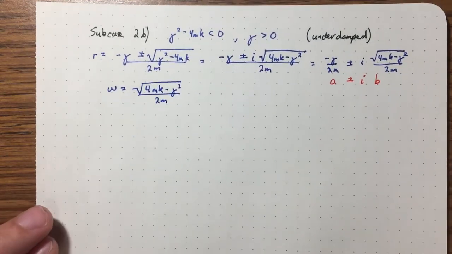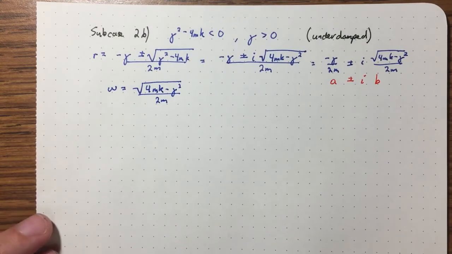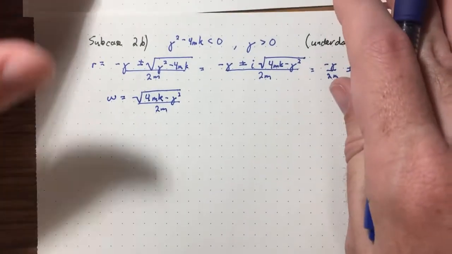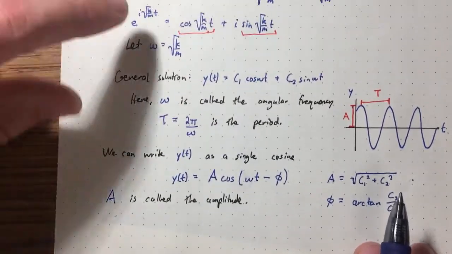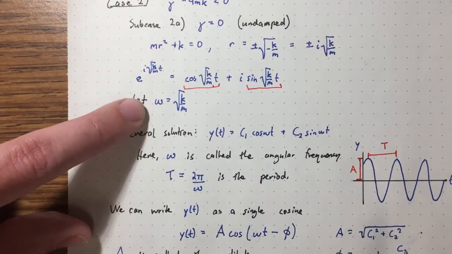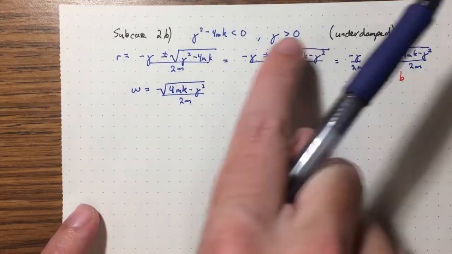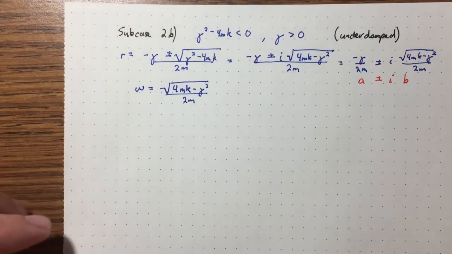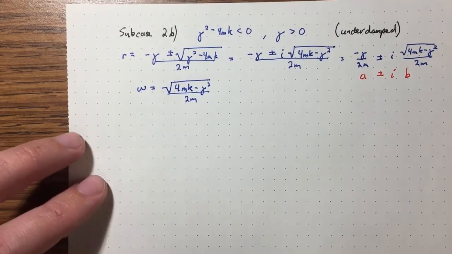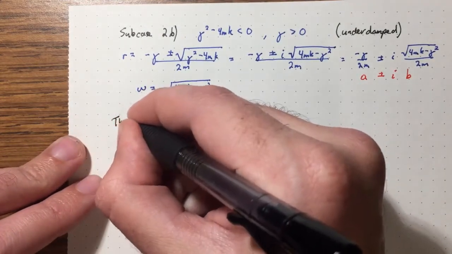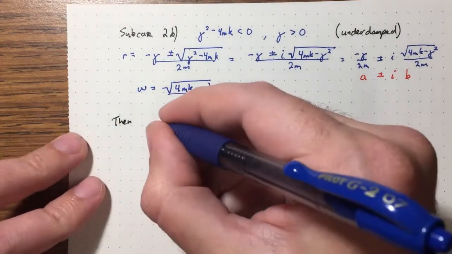Okay, just like we did before. So notice here we have a much more complicated expression for omega. Here we had a much simpler one. And that has to do with the damping, right? So there's some damping here. And let's just use the work that we did before.